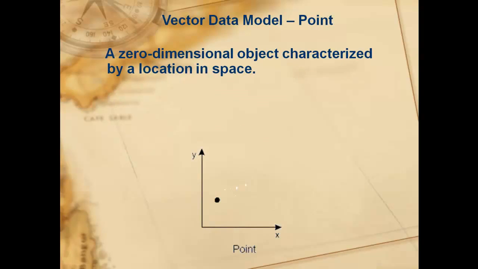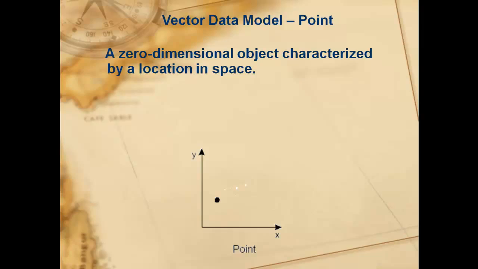So points. What is a point? A point is a zero-dimensional object characterized by a location in space. Okay, well, what is a zero-dimensional object? Those of you that see the x and y axis down there are going to say, well, it's not a zero-dimensional object, it's a two-dimensional object. But it really isn't when you consider the word dimension to be a measure of an object. When I ask you how big that point is, you're not going to be able to tell me how big it is.